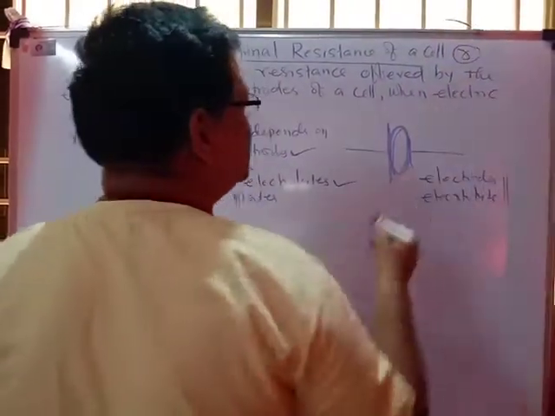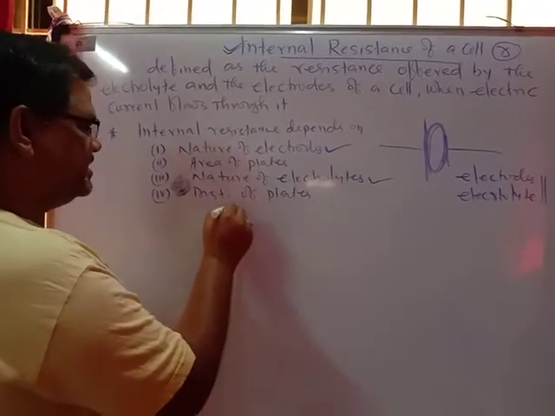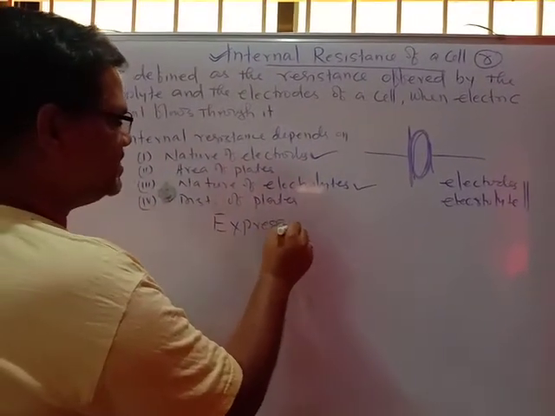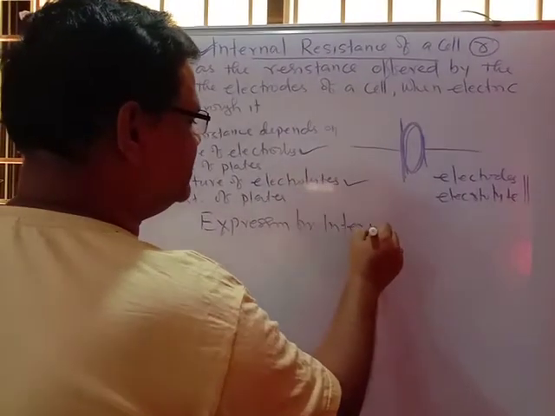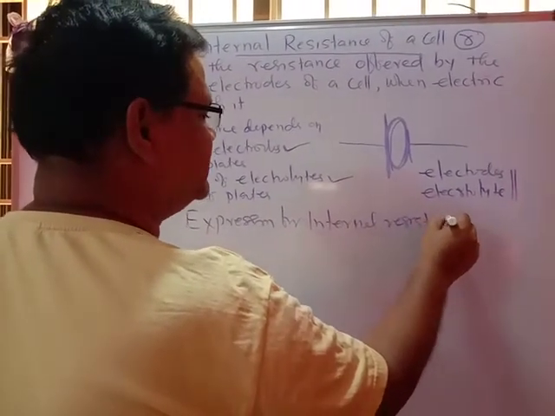The internal resistance of the cell is denoted by small r. Now, what is the expression for internal resistance? How to express it?